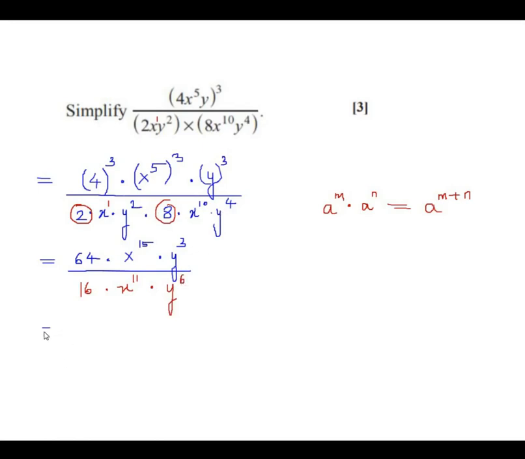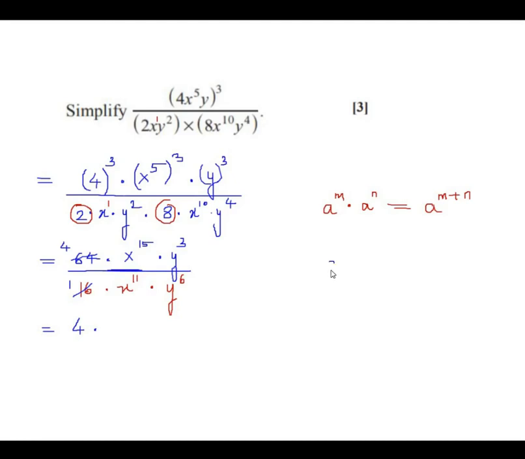Now let us further simplify this. We can write 64 over 16. 16 one time, 16 four times is 64. Now we can write it as 4 times. Now if there is division, if the bases are the same and there is a division in between them, we are going to use the other law of indices.